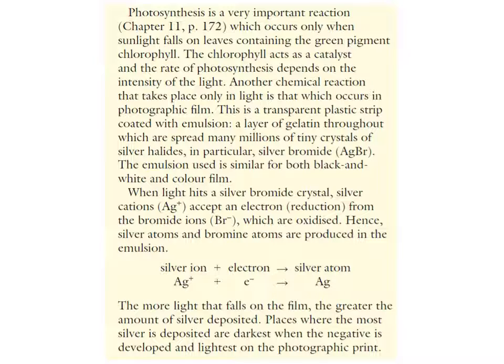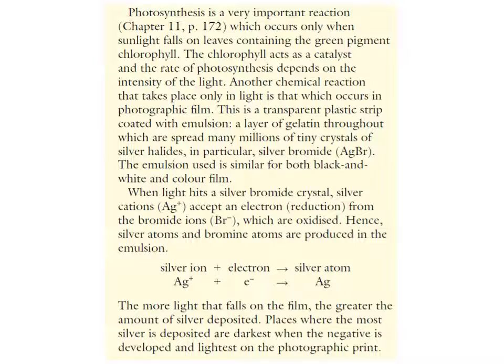When light hits the silver bromide, silver cations accept an electron from the bromide ions, which are oxidized, hence silver atoms and bromine atoms are produced in the emulsion, and the more light that falls on the film, the greater the amount of silver deposited.